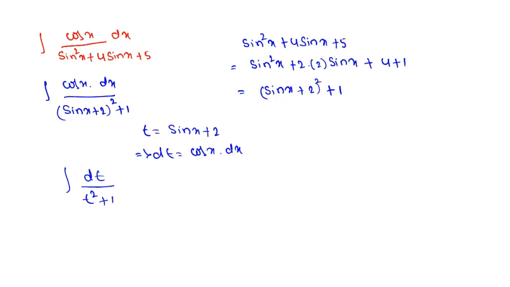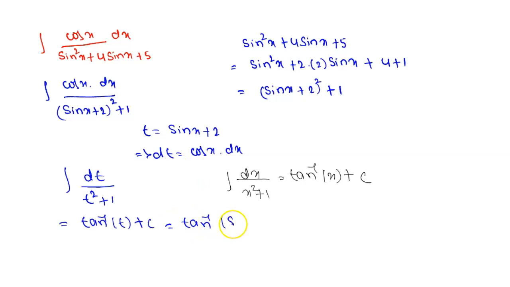So our previous formula: integration of dx by x square plus 1 is tan inverse x plus c. So if you apply that formula, this can be written as tan inverse t plus c. T value is how much? T value is sin x plus 2. So this is equal to tan inverse of (sin x plus 2) plus c, which is the answer for this question. Okay.